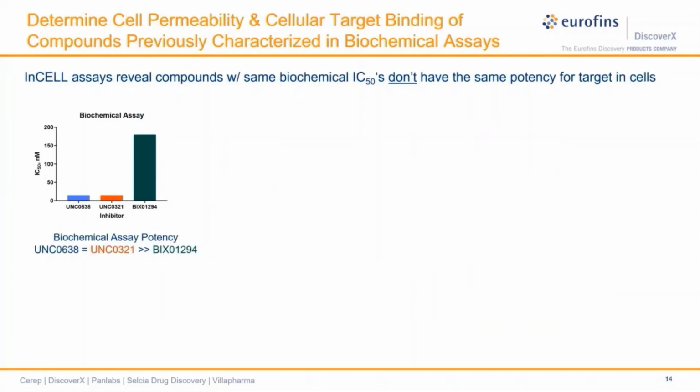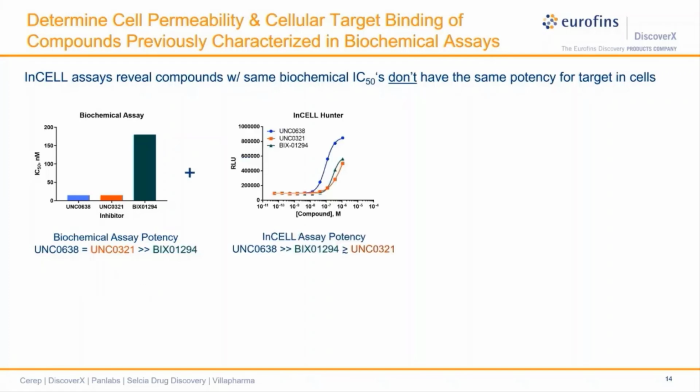In the next example, I'd like to drill down on additional studies with this target. These are more data from the G9A histone methyltransferase. In a biochemical assay, the potency of UNC0638 and UNC0321 were equivalent and much more potent than BIX1294. However, in the cell-based target engagement assay, UNC0638 was more potent than BIX1294 and much more potent than UNC0321.